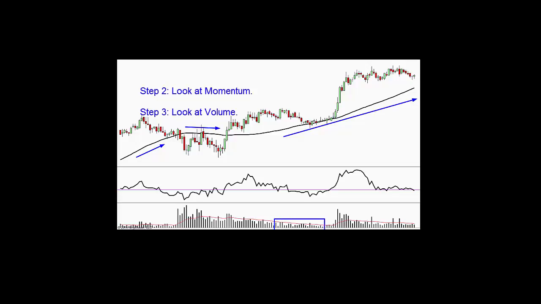That's just the direction, though. That doesn't tell us if it's a strong or weak trend, so then we have to look at 2 things, momentum and volume. There's volume down at the bottom, and then right above it, we'll have momentum as well. Notice the purple horizontal line with the momentum indicator. That's the 0 line. That shows we have no momentum. So volume's low, momentum's low, price is just kind of moving sideways. That's because that's during lunchtime.